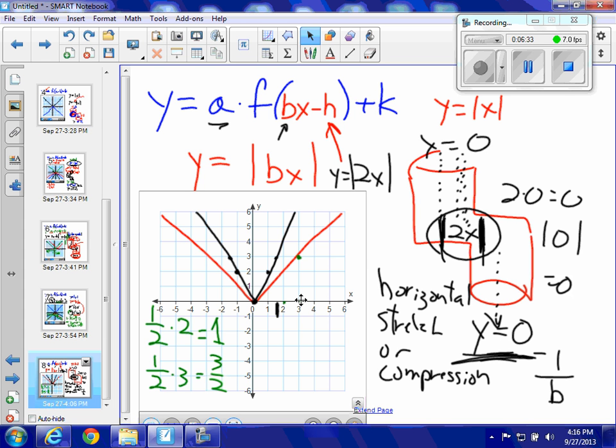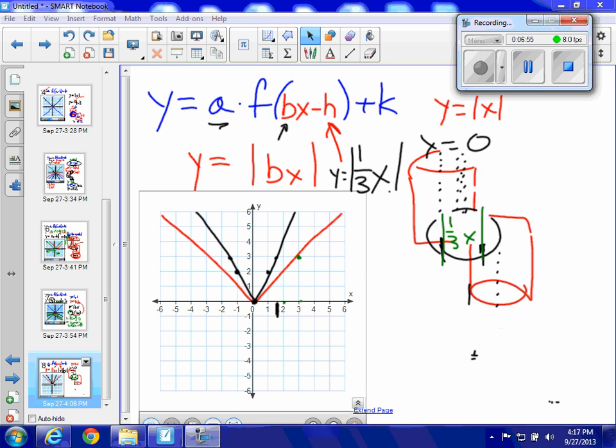Now, what do you think is going to happen if I change my function, instead of y equals the absolute value of 2x, to the absolute value of 1/3 x? Well, a similar thing is going to happen. Again, I want to get a certain y value. Let's say the y value I want is 1.